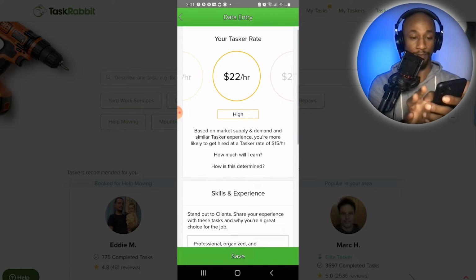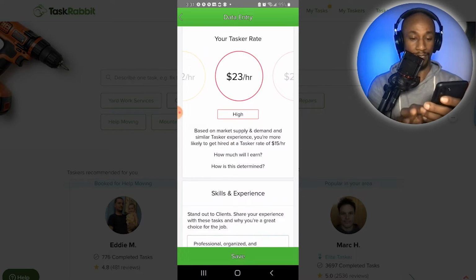Once we go to 23, you can see we're in the red, which is considered high. They're basically saying this really decreases your chances of getting booked, based on market supply and demand and the other taskers that have your experience.